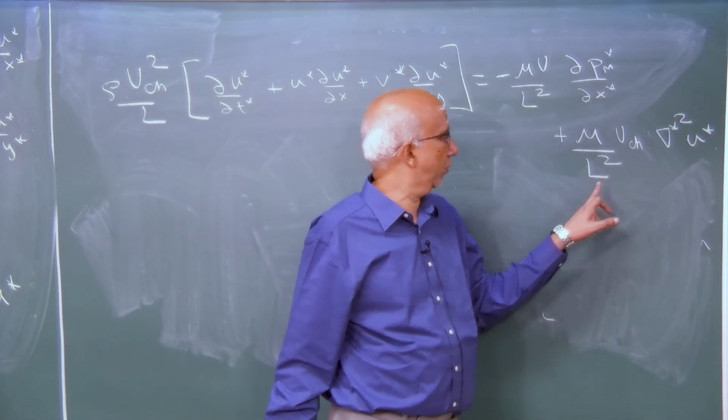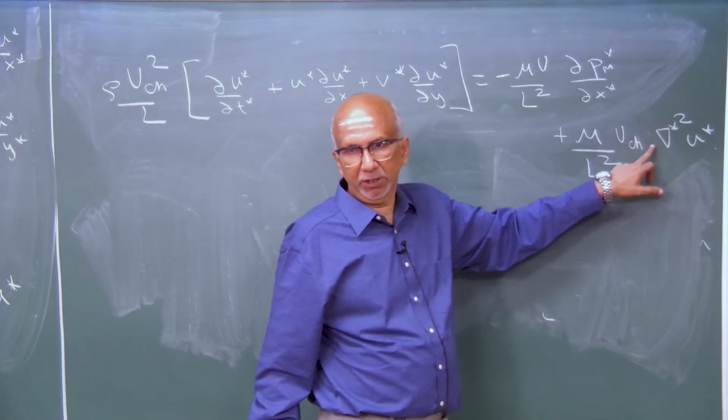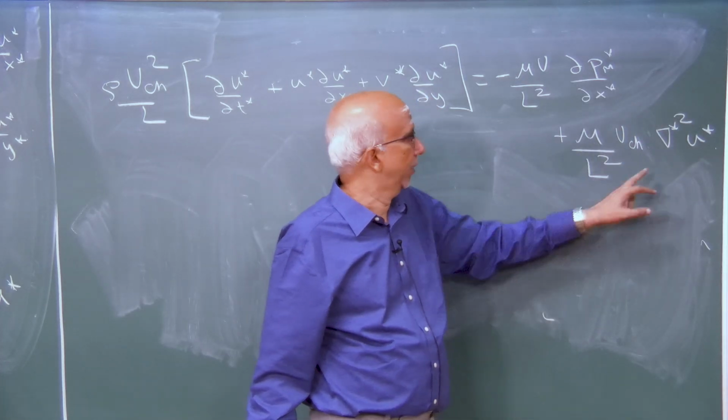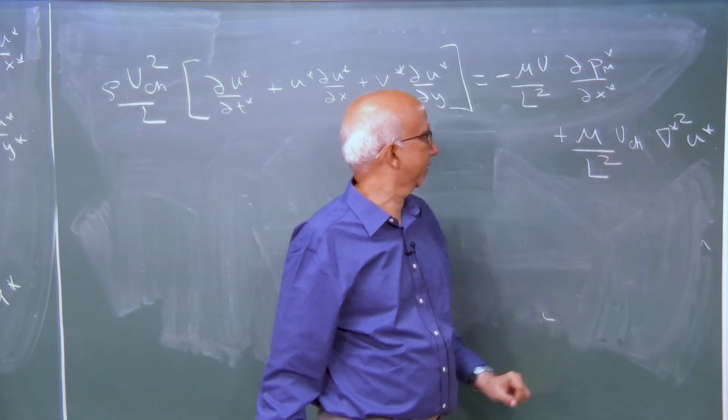So, because del square has been converted to del star, the L square comes at the bottom, and this gives you a u characteristic, fine.